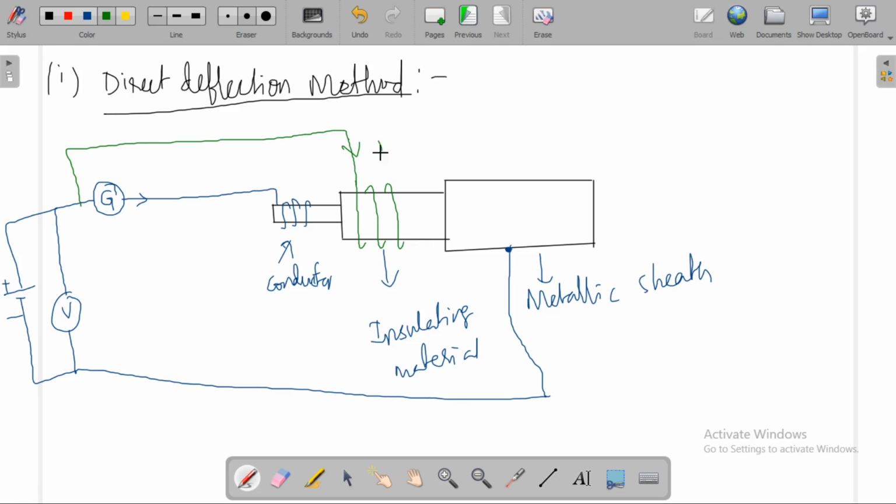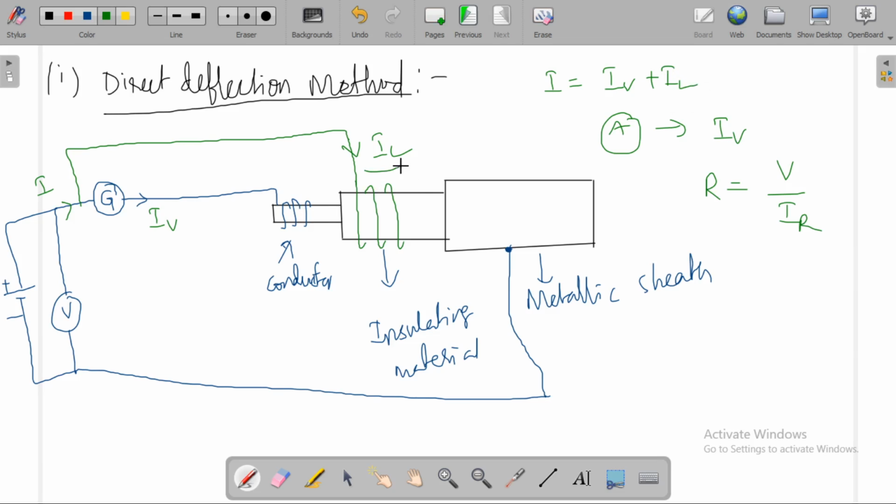So the current flowing through this will be the leakage current IL. The current flowing through this will be IV only, or IR. The total current I is equal to IV plus IL, but the current measured by the ammeter will be equal to IV only. Then R will be equal to V by IR. So this current can be eliminated using the guard wire.